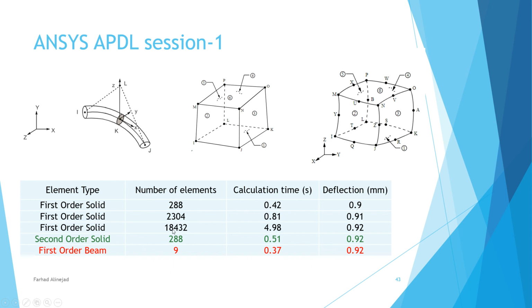We increased the number of elements and reached a satisfying result with 18,000 elements, but the time dramatically increased. With the second order solid element, with the lowest number of elements, we could get the satisfying result with a reasonable time.